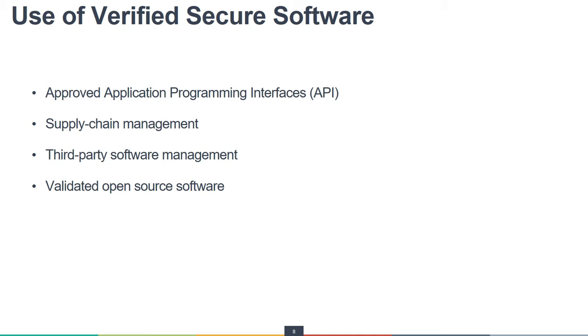It is well verified against vulnerabilities and other risks. So it is good to use, but always validate the source from where you are downloading the software before you integrate it within your product.